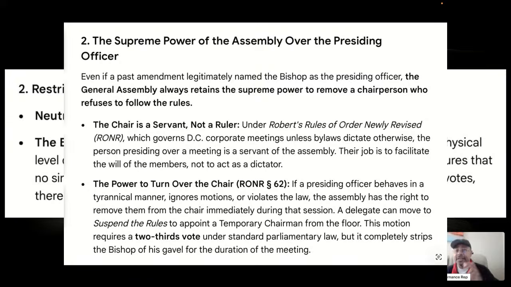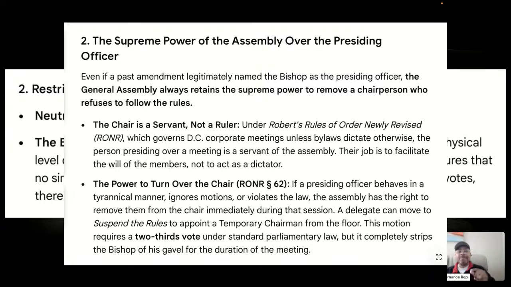You have the supreme power in the assembly over the presiding officer. Everything that you are looking at, this is in the code, Washington, D.C., their code of corporate law.